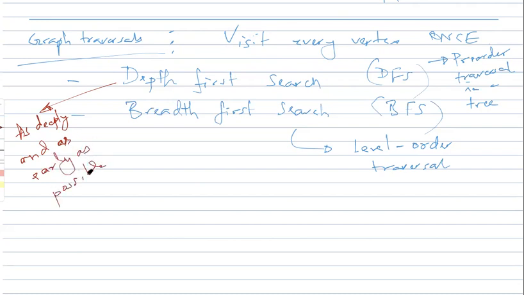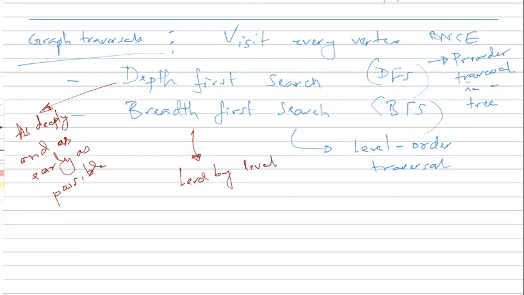So I want to visit the node that is reachable from me as soon as possible. Clearly, the opposite, breadth first, would mean going more level by level, as opposed to going as deeply as possible.